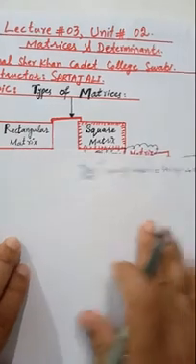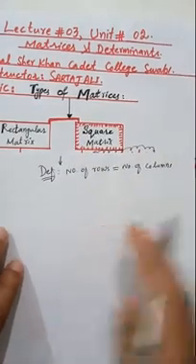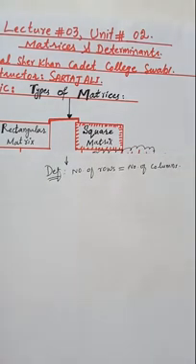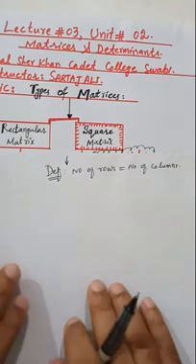This is the simple definition: when the number of rows is equal to the number of columns, that matrix is called a square matrix. For example, a matrix of order m by n is said to be square if the number of columns is equal to the number of rows.